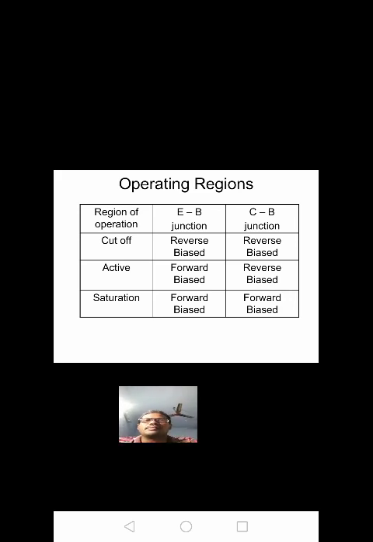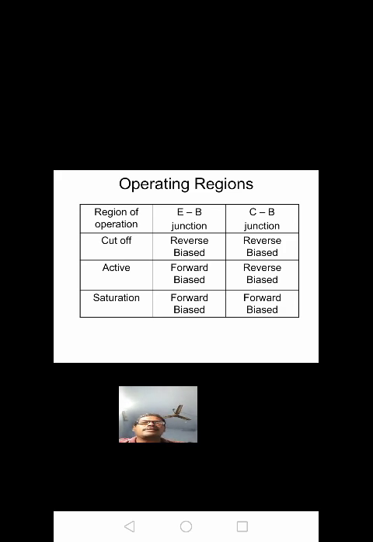It is the most important topic. If the emitter base junction is reverse biased, the transistor is in the cutoff region. If it is forward biased, the transistor is active. If it is forward biased and the collector base is also forward biased, it is in saturation. This is all for the emitter base junction conditions.